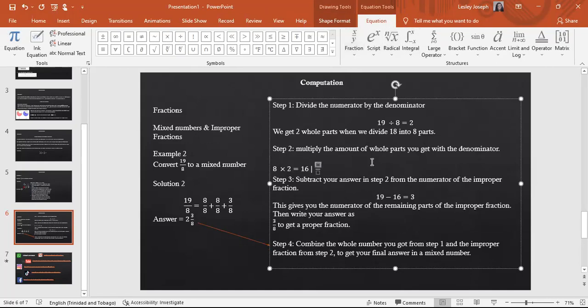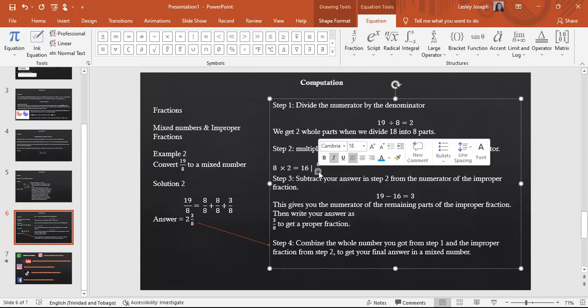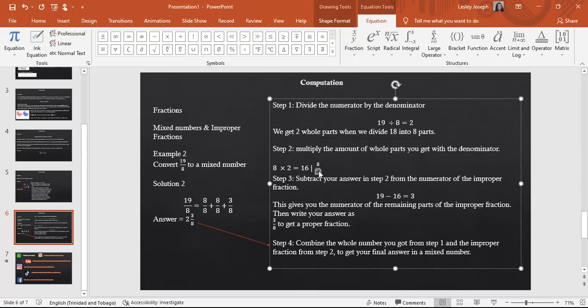This is really 8 over 8 multiplied by 2 over 1.